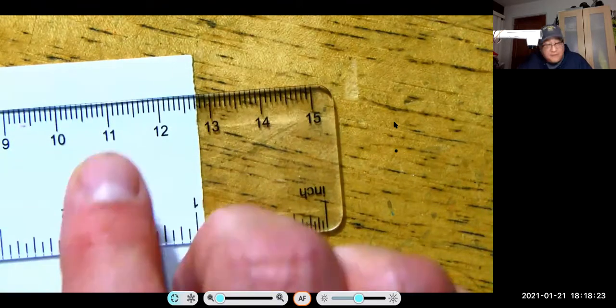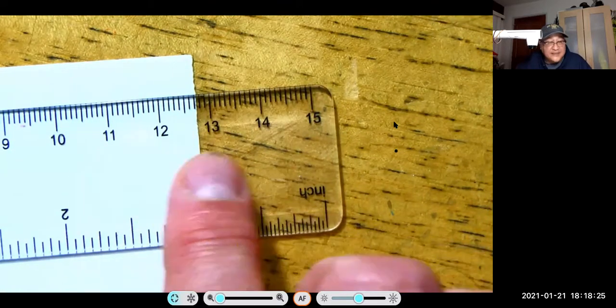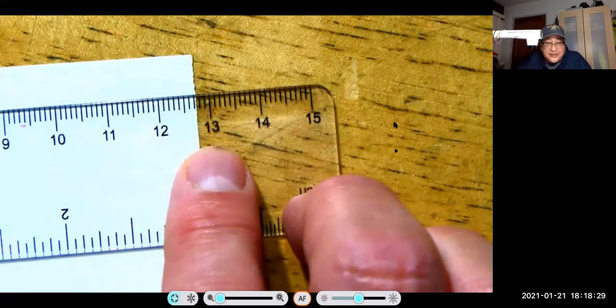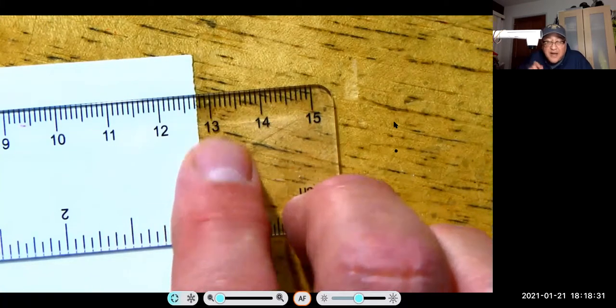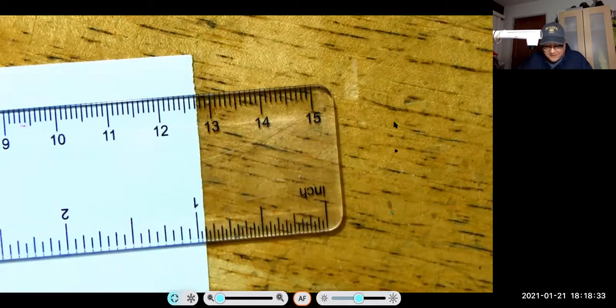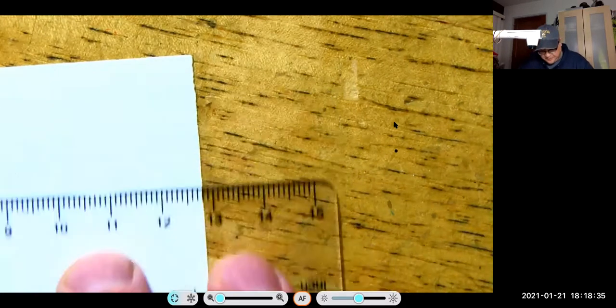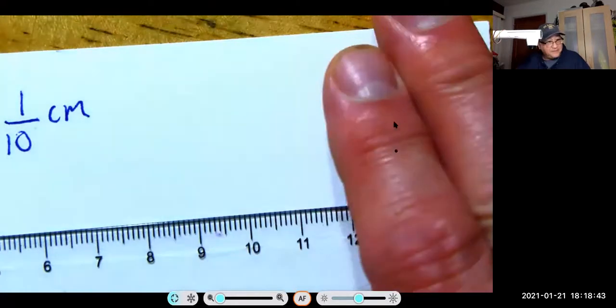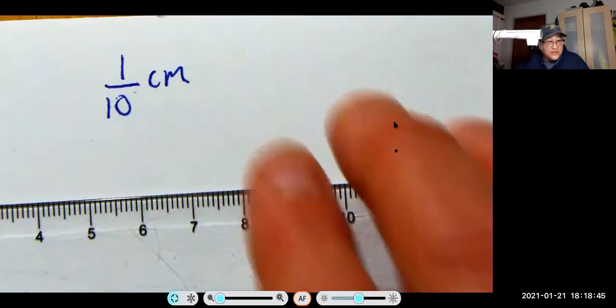Okay, so if the smallest increment, if you take a look here, this is 12 centimeters and this is 13 centimeters, but it's divided into 10 equal spaces. So the smallest amount here is 1/10 of a centimeter. So we measure to 1/10 of that. So what's 1/10 of 1/10 of a centimeter?